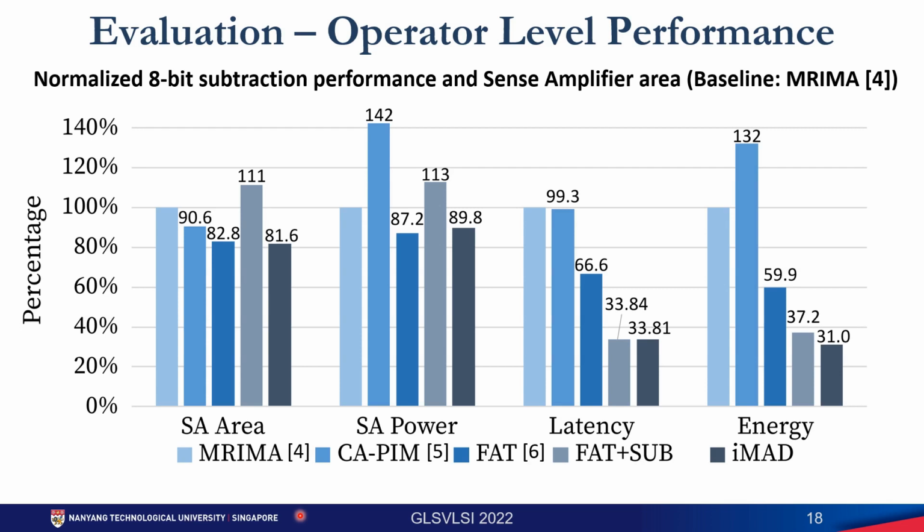Adding the subtraction logic to existing designs brings large area and higher power. Our co-optimized addition and subtraction logic can reduce the area by 26% and reduce the power by 20%. Compared with existing works, our proposed iMAD can reduce the latency by 49% and reduce the energy by 48%.